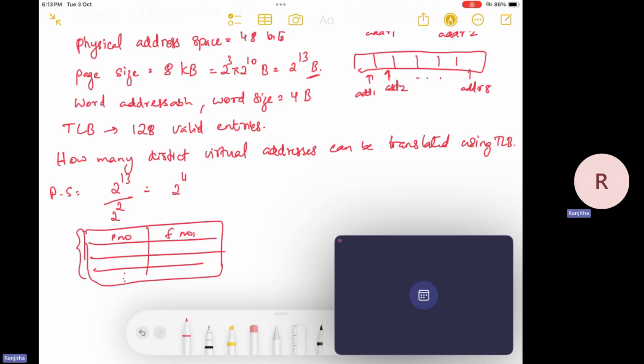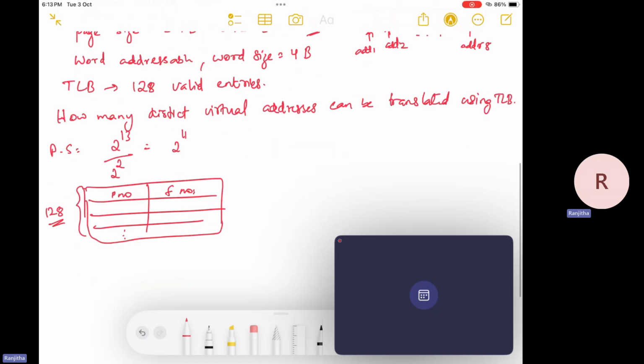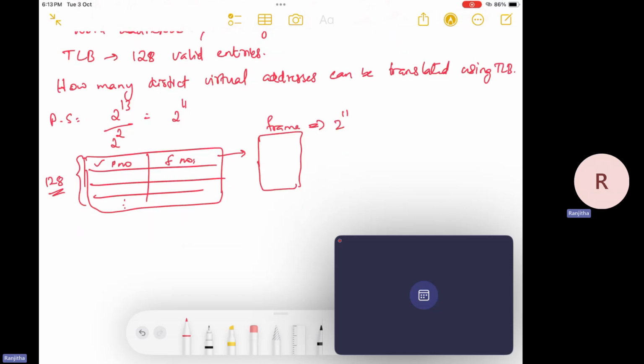So in total we can have 128 different entries. Each page number will go to a frame, which will address 2 power 11 different locations, right? So with 128 different entries, we can have 128 different page numbers.